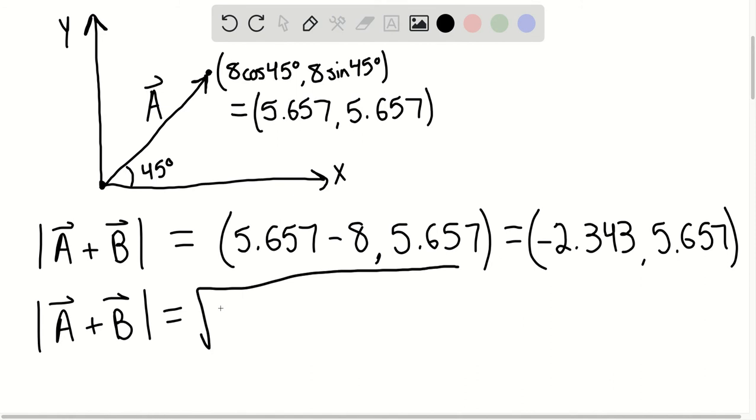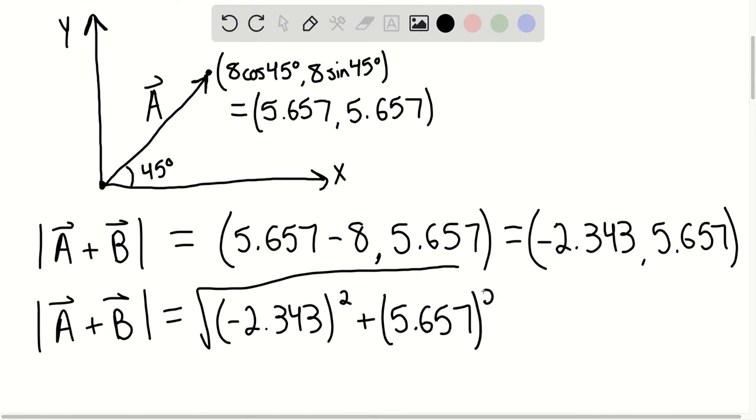Square root of negative 2.343 quantity squared plus 5.657 quantity squared, and we find that the magnitude of the sum of the vectors is equal to 6.09 units.